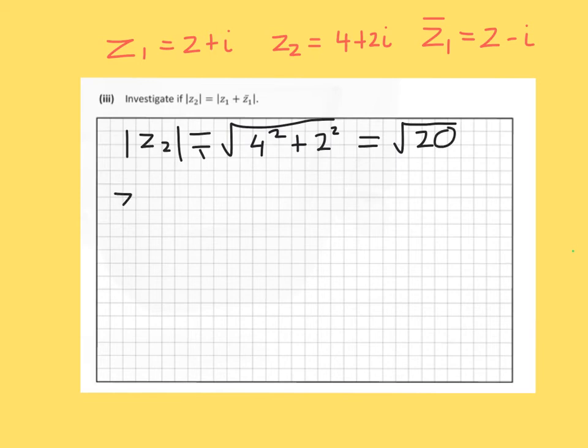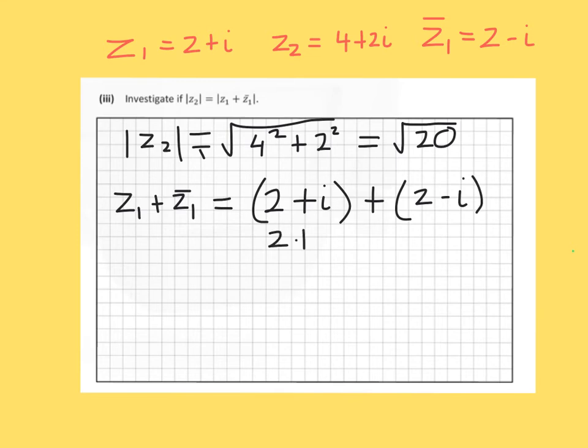Then I have z1 plus z1 bar, which is the conjugate. Now I'm going to find out what the sum of those is first before I try and do the modulus. So I have 2 plus i, remember I always put them in brackets, plus 2 minus i. Remove the brackets, 2 plus i plus 2 minus i. We can immediately see that we have a plus i and a minus i, so they cancel each other out.